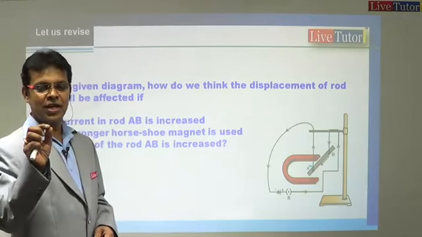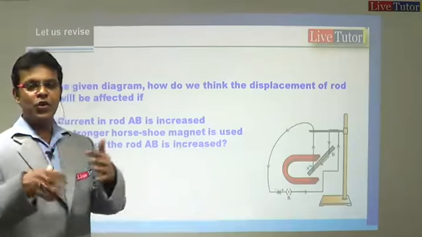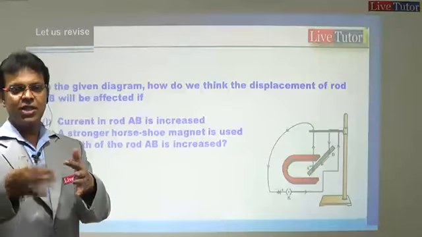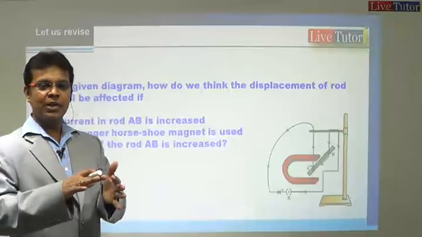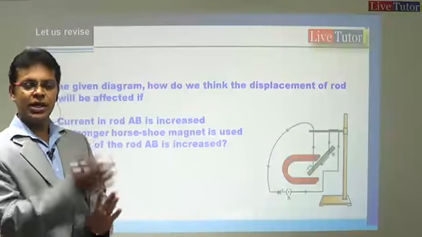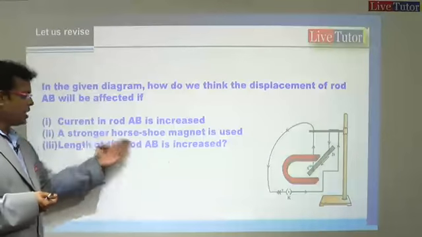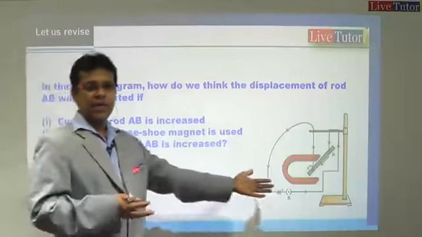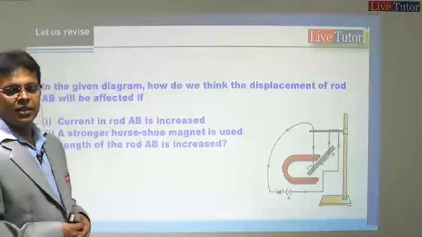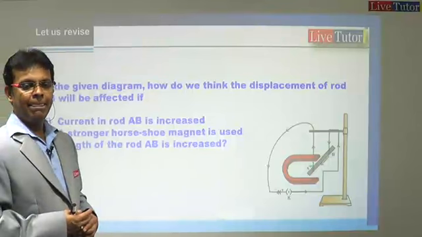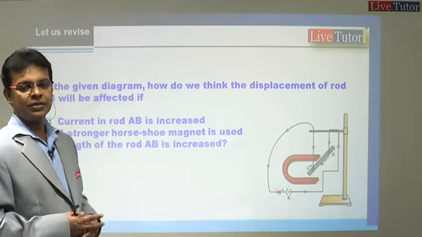You have to say the point that if more current is there, it will produce more magnetic field. The field strength will be increased, isn't it? So due to that, what will happen? The force will also be more, so that it is displaced more. Exactly, very good. If instead of the ordinary horseshoe magnet, you are using a strong horseshoe magnet, what will happen? Second condition.